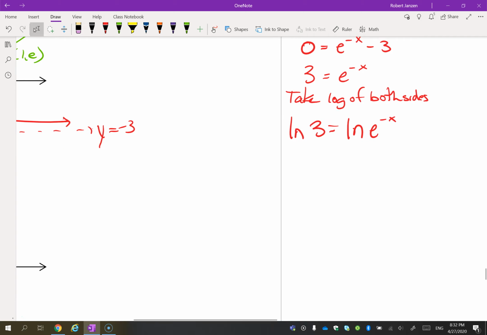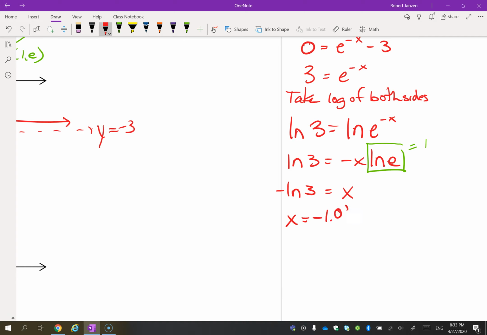This allows me to put the x in the front. So I'm going to have negative x times the natural log of e. And do you recognize this? Well, that equals 1. So now you have x is negative the natural log of 3. Let's figure that out. So then x is going to be negative 1.099.